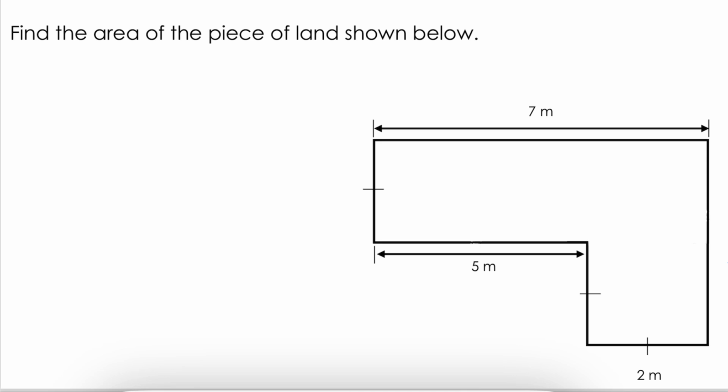Alright. So one way to get the area of a composite figure is to cut the shape into shapes that you're more familiar with, get the area of each of those shapes, and then add the areas. So let's try first making this into two shapes.